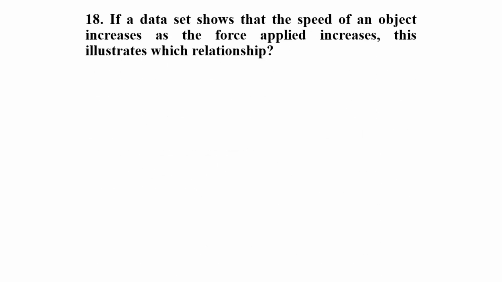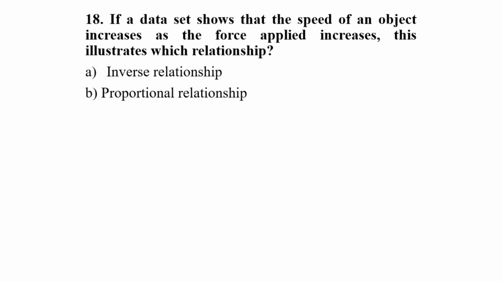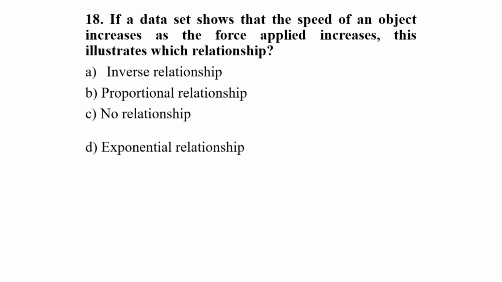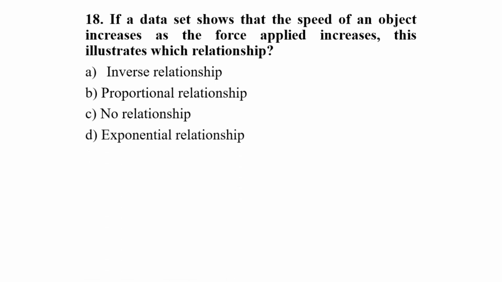Question number 18. If a data set shows that the speed of an object increases as the force applied increases, this illustrates which relationship? A. Inverse relationship, B. Proportional relationship, C. No relationship, D. Exponential relationship.